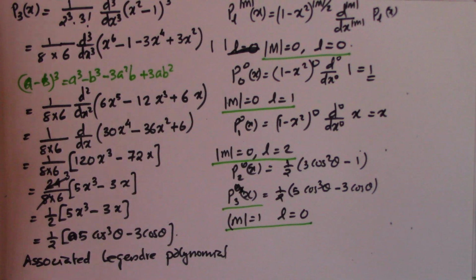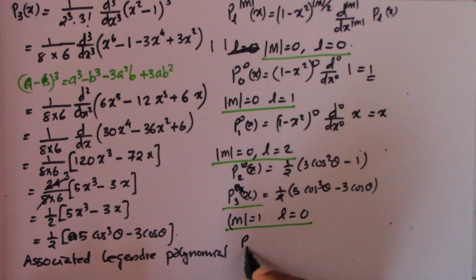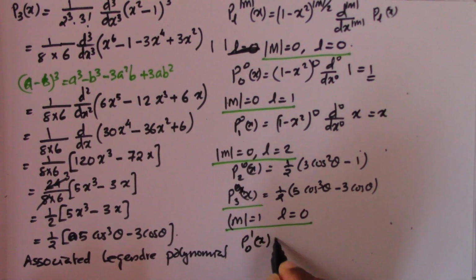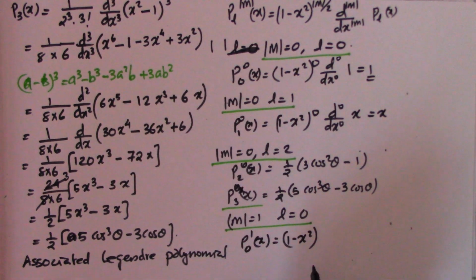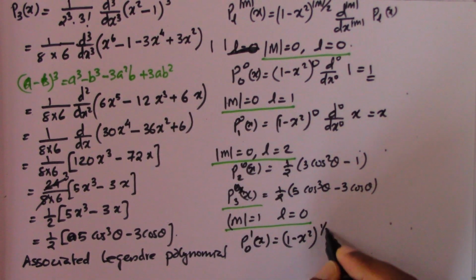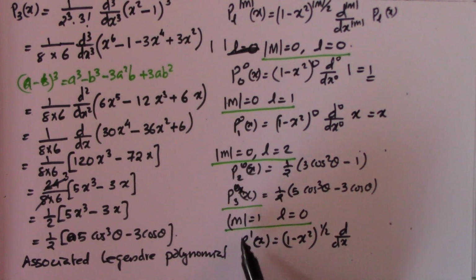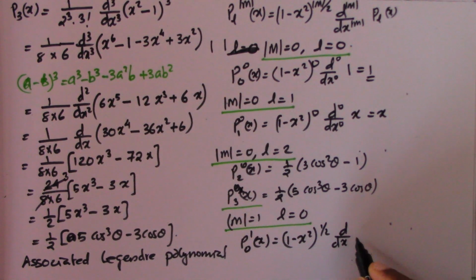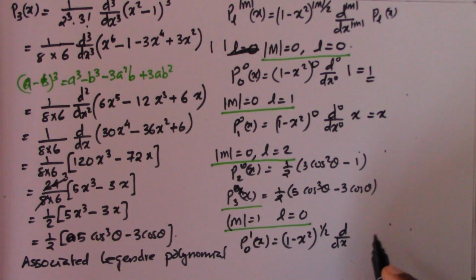In this case, when m is equal to 1 and L is equal to 0, we have the associated Legendre polynomial P_0^1(x), which is equal to 1 minus x square raised to m by 2, that is 1 by 2, into d raised to m by dx raised to m, that is d by dx, since in our case m is equal to 1, of P_L(x). P_L(x) is equal to P_0(x) in this case, because L is equal to 0, and P_0(x) is nothing but 1.